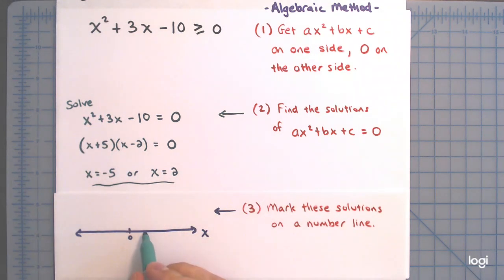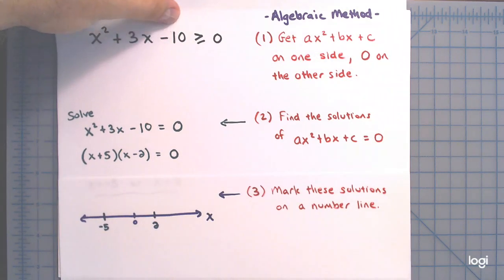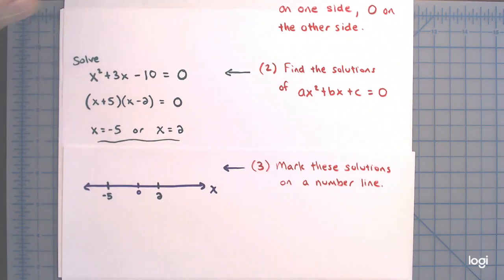Now positive 2, that would be to the right of 0, so there's positive 2. Negative 5, that would be to the left of 0, there's negative 5. And what we see happening here is that the solutions to that equation I found in part 2 break the real number line up into 3 intervals.